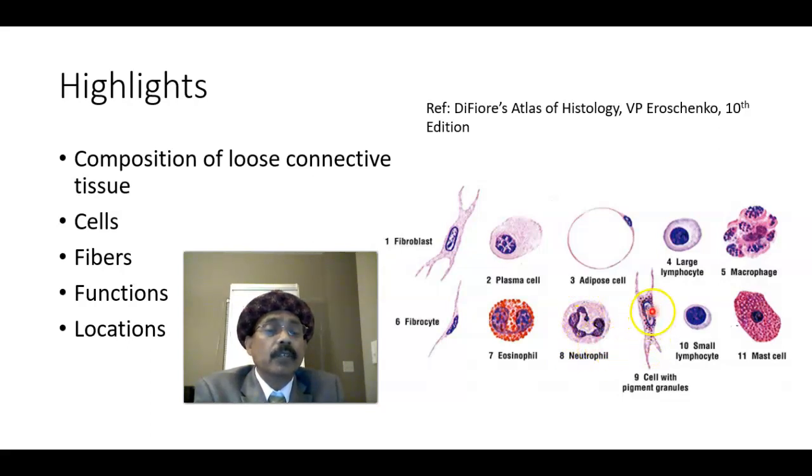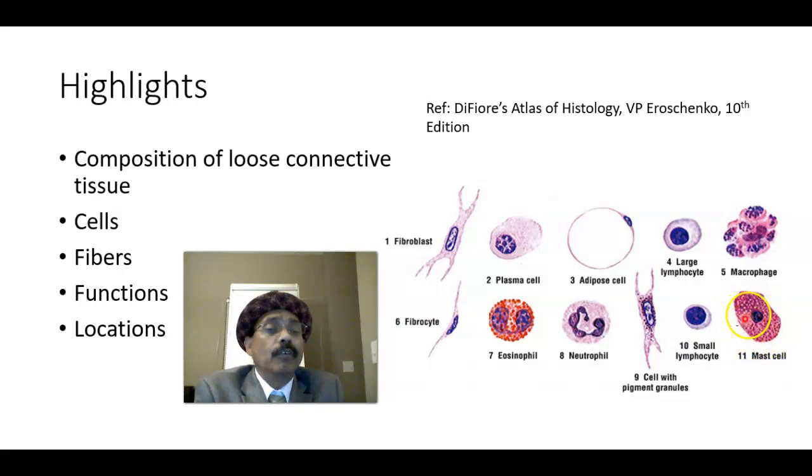Here, this is the melanocyte. It is usually present in the basal layer of the epithelium, and it contains some pigment. Large lymphocyte, small lymphocyte, they are associated with chronic inflammation. Mast cell is associated with anaphylactic reaction, and contains granules that release histamine, heparin, and slow reacting substance of anaphylaxis.